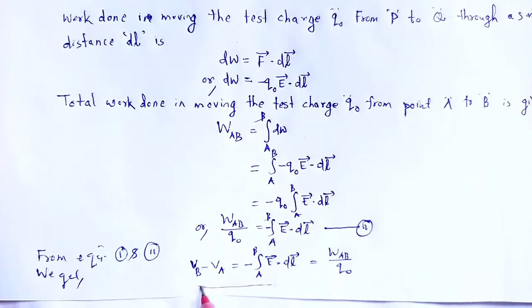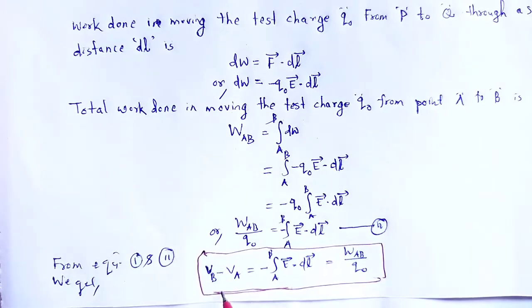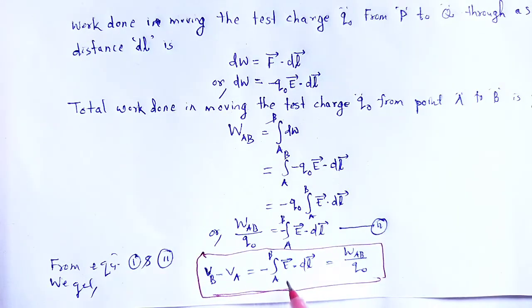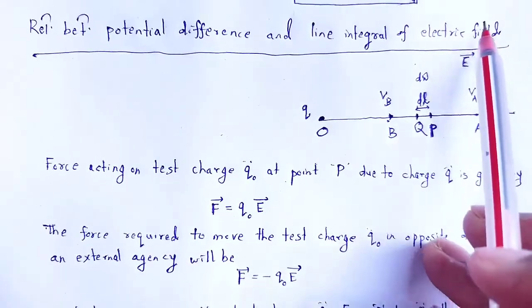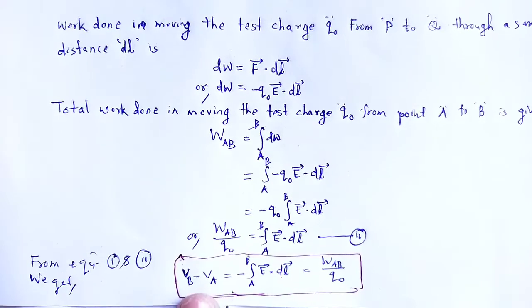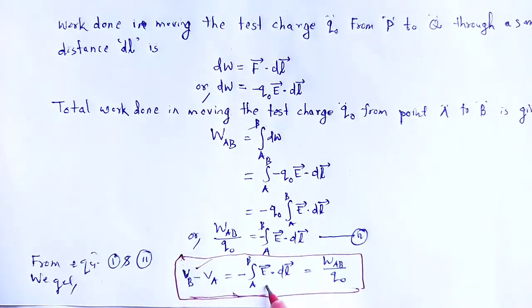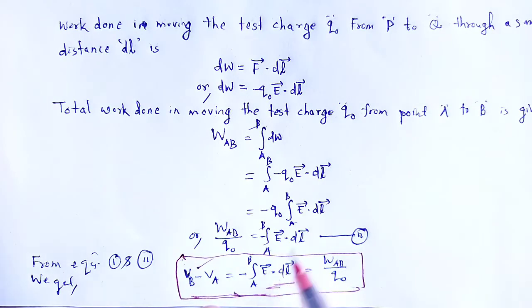That is the relation between potential difference as the line integral of electric field. Potential difference Vb minus Va is the line integral of electric field E dot dl, line integral of electric field.